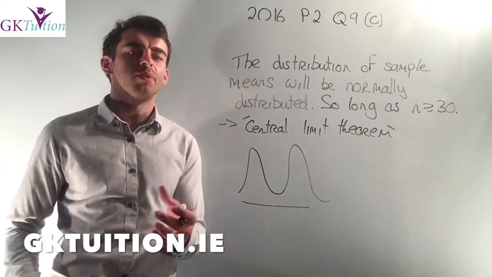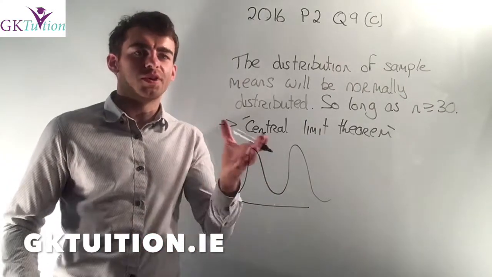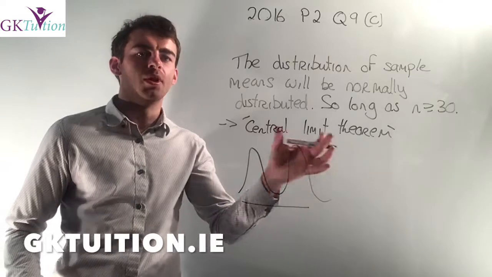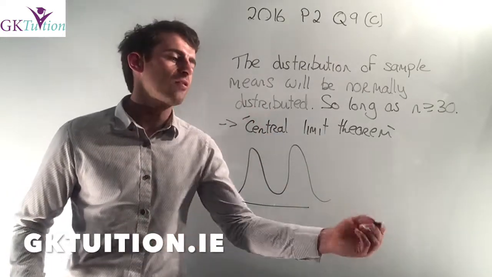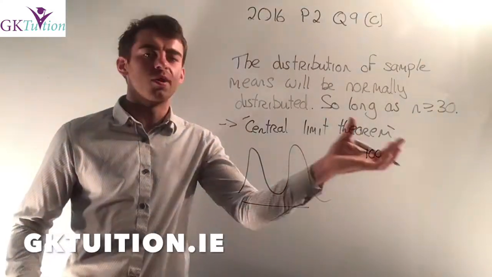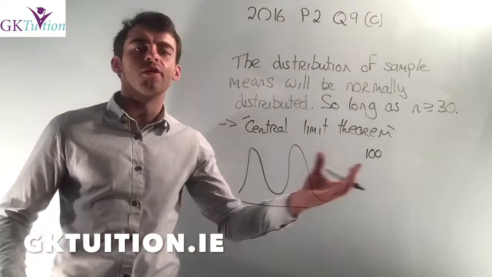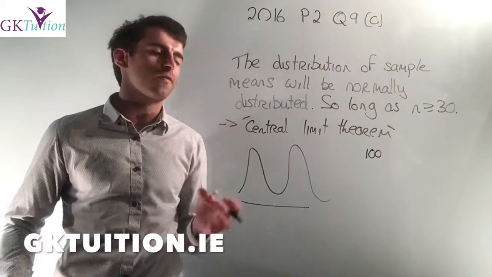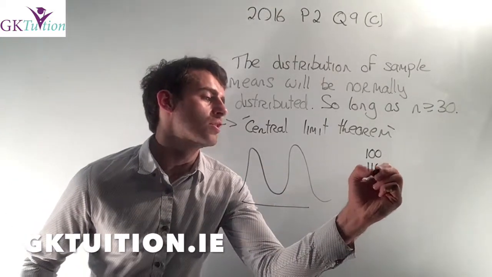So let me give you an example here. Let's pretend that this country is Ireland. Let's say we go to Meath and we take a sample, we survey 100 farms in Meath, and the average size of those farms is 100. Okay, let's just call it 100. Then I go to Kildare and I survey another 100 farms, and the average of all of the farms in Kildare works out as 110.